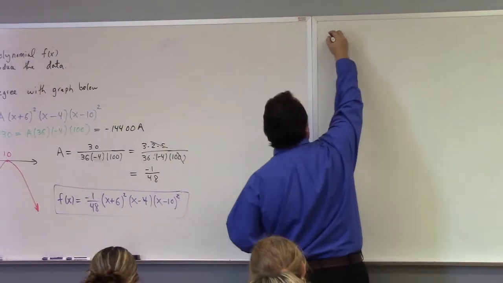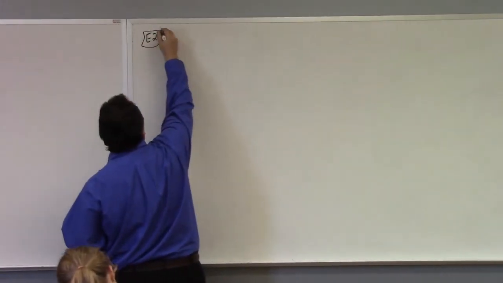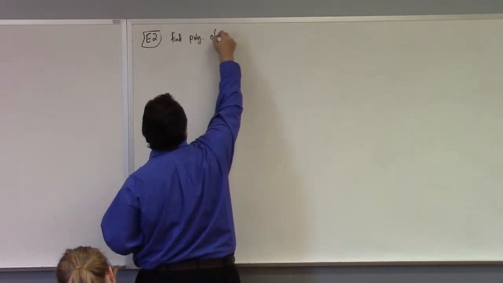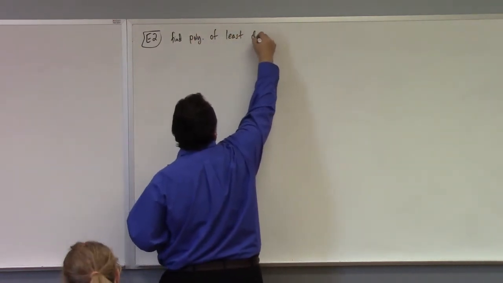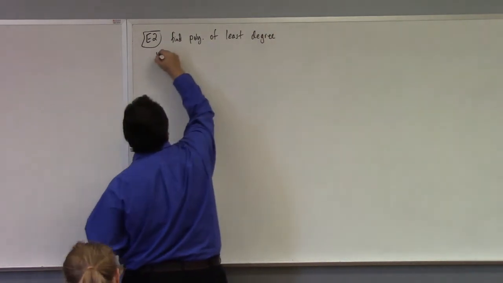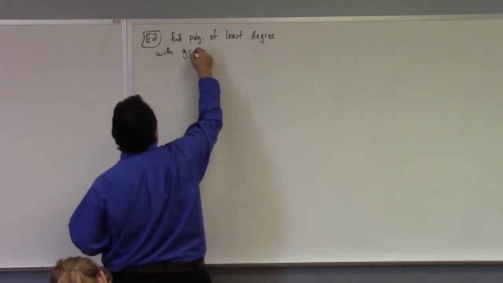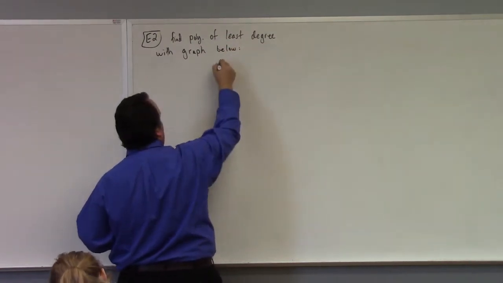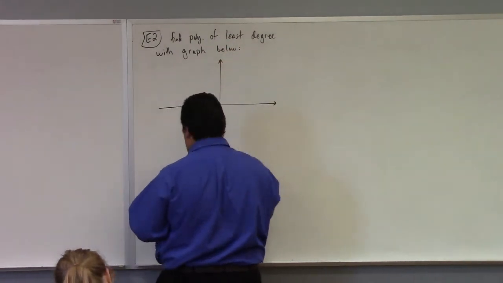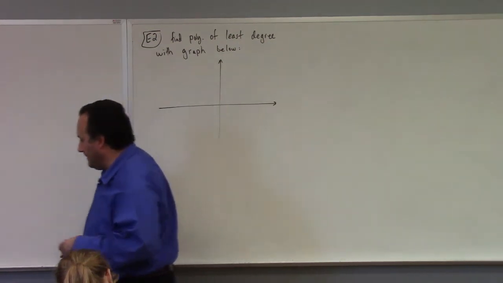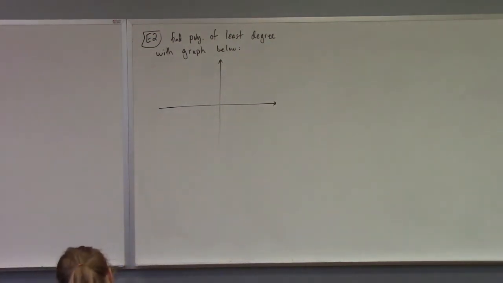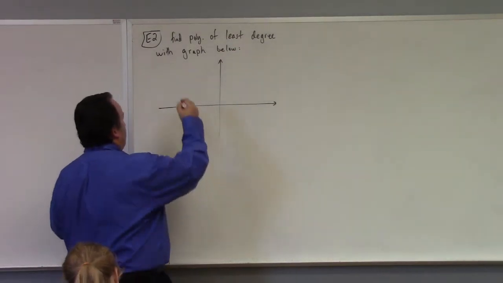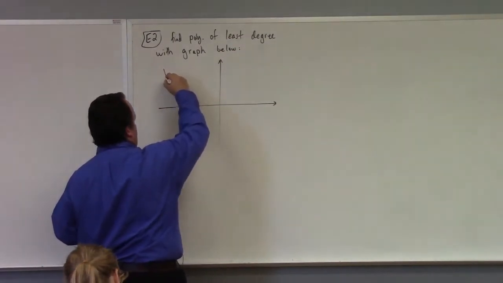Example 2. Again, find polynomial of least degree with graph below. All right, so this time, suppose it would look something like this.